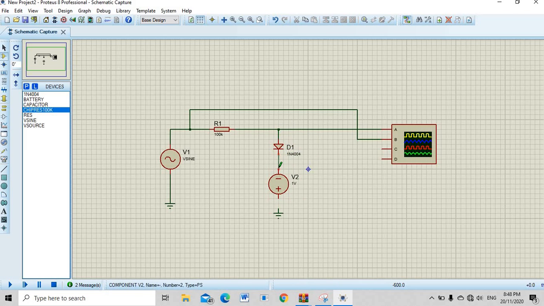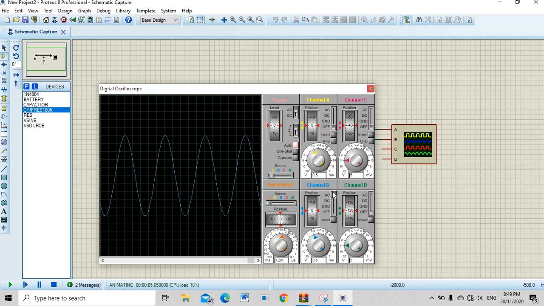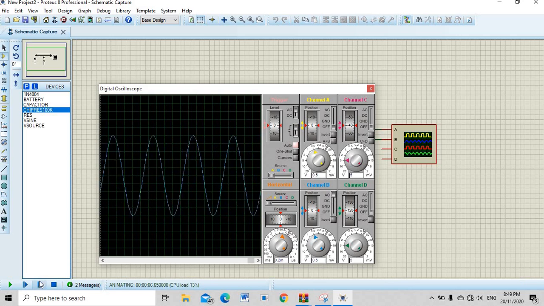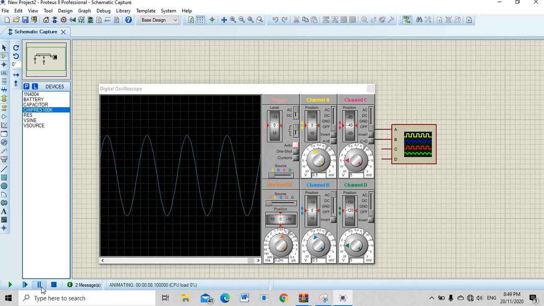Connect all the wires. Run the simulation. Let's see the input first. Sine wave input, same as the first circuit 2.3. The amplitude is the same, and also the value of volt peak to peak is the same, and it's moving.